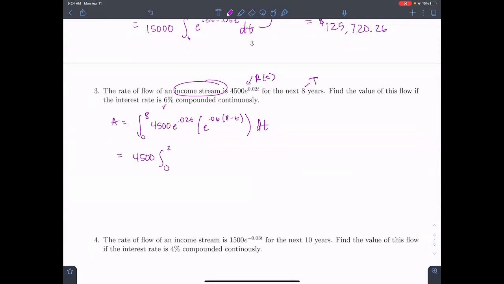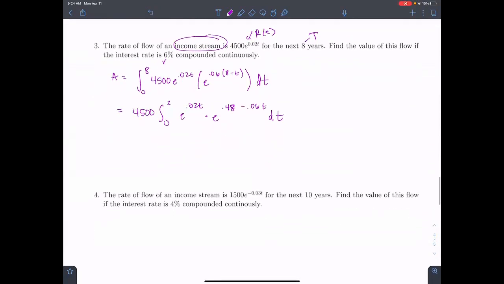Now I'm going to write this as e to the 0.02t times e to the 0.48 minus 0.06t dt. That's an 8 times 0.06. Now I'm going to do that adding the exponents thing. So this is 4,500, integral 0 to 8. I'm going to add those exponents.